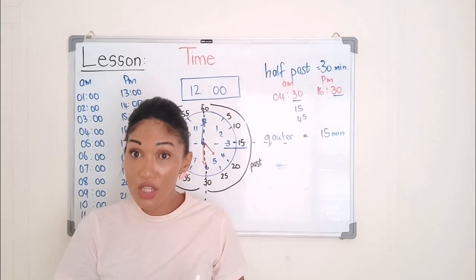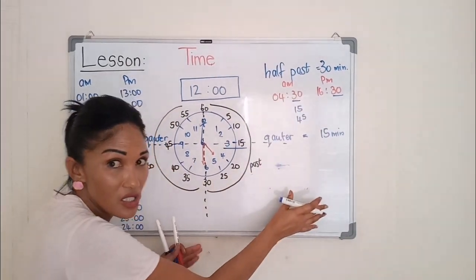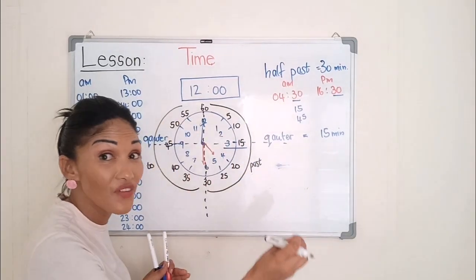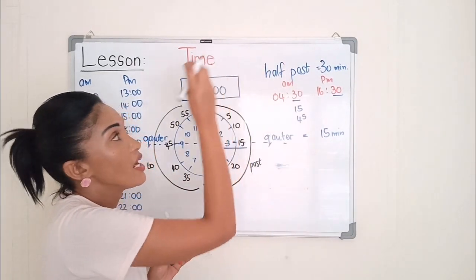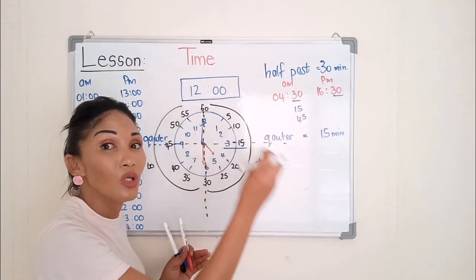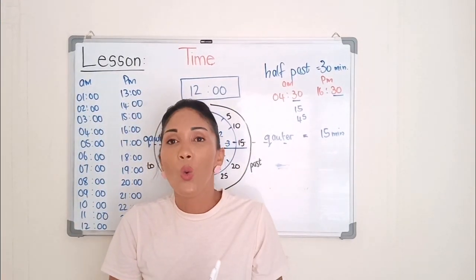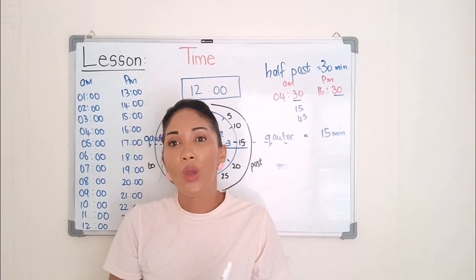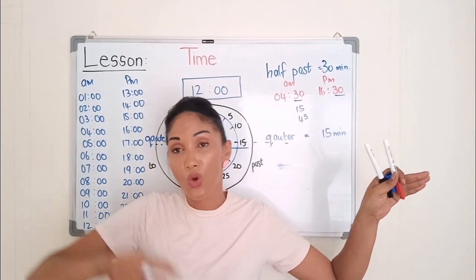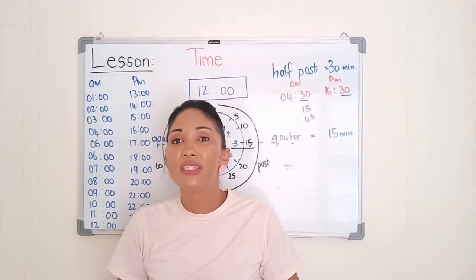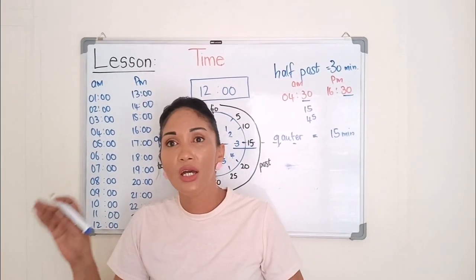We have half past, we have our quarter past, and we have our quarter to. Quarter past and quarter to is equal to 15 minutes and half past is equal to 30 minutes. So when the clock strikes 30 minutes, we can say half past. When it is on the quarter to or the quarter past, when it's around the 3 or on the 9, we can say quarter past or quarter to.